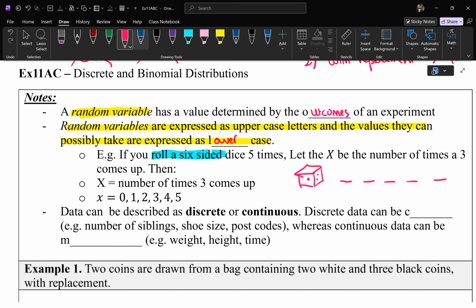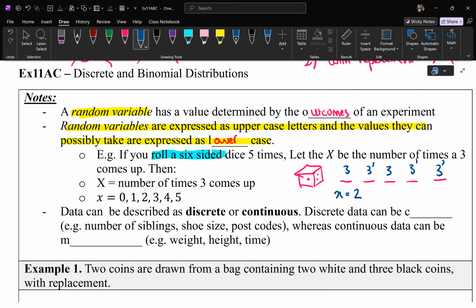I could get a 3 on the first go. Don't get a 3 on the second go. Get a 3 on the third go. Don't get a 3. Don't get a 3. So in this case, how many 3s did I actually get? 2. So in this case, I would say capital X, little x equals 2. Does that make sense?